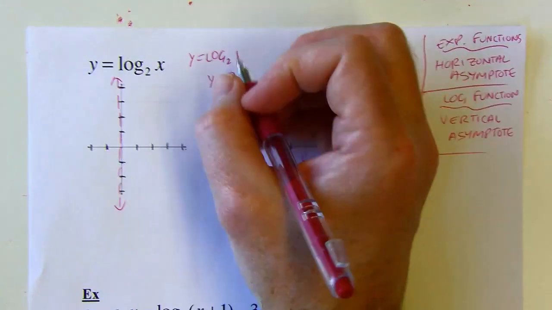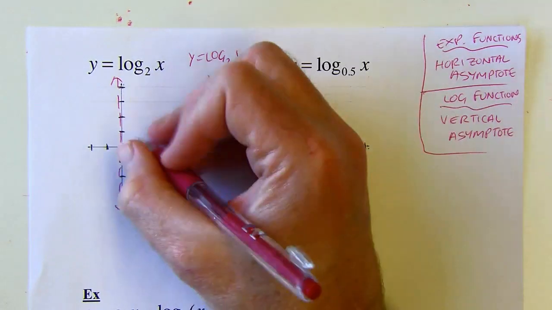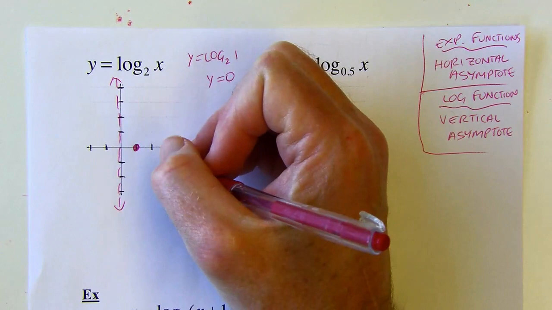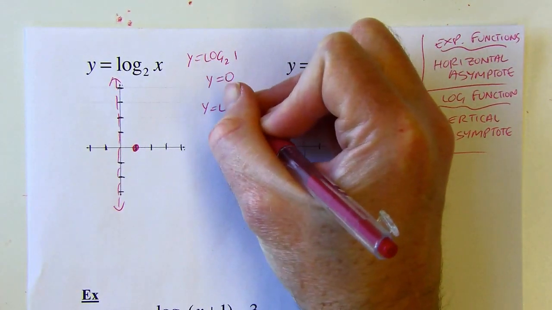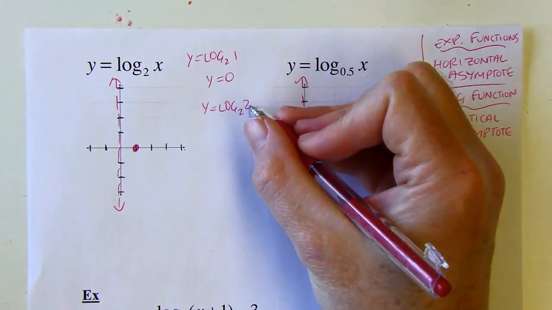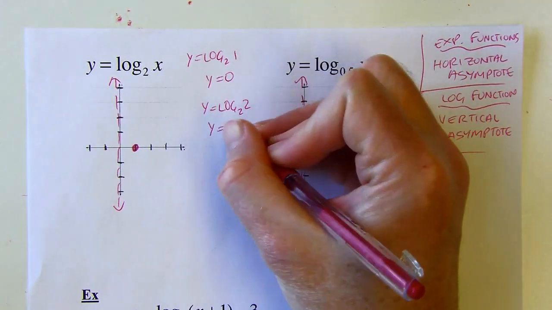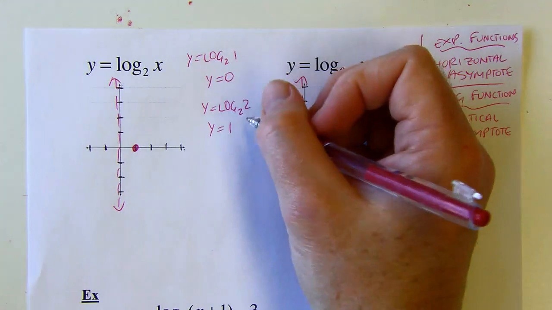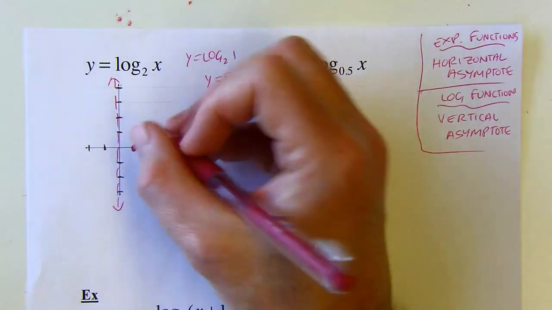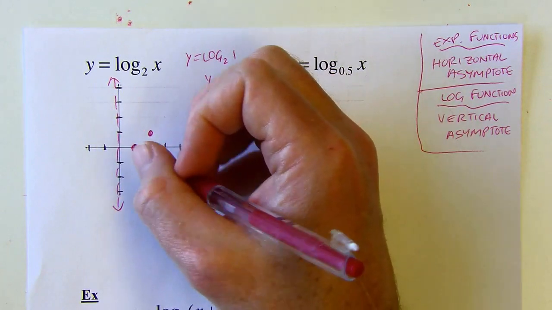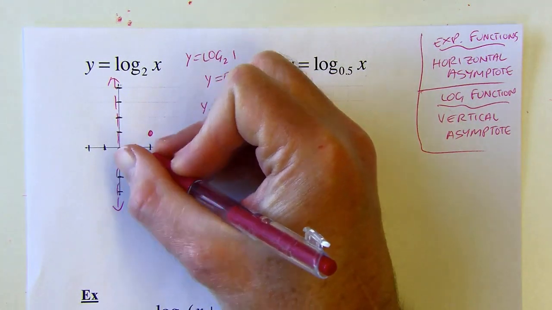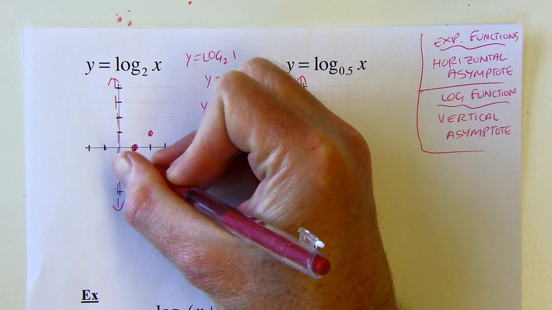But when I plug in 1 for x, I get out 0 for y. So 1, 0 is on this, okay? And then if I plug in 2, 2 to some power equals 2, that would be 1. Right? And you can plug that into your calculator. Log 2 over log 2 would be 1. So 2, 1 is on the graph, okay? And if you plug in negative 1/2, or it's positive 1/2 rather, you'll get negative 1 out for y.